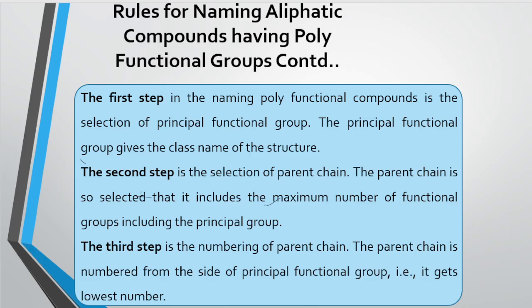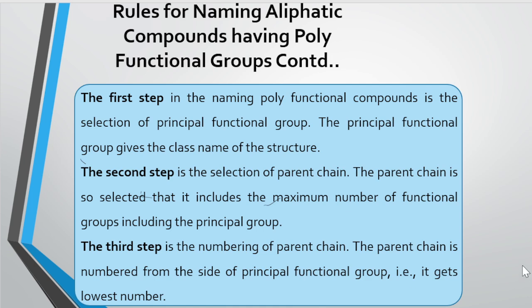Now, the first step in naming polyfunctional compounds is the selection of the principal functional group. The principal functional group gives the class name of the structure. Class name in the sense whether they are alcohols or carboxylic acids, it mentions the type of the compound also. The second step is the selection of the parent chain.